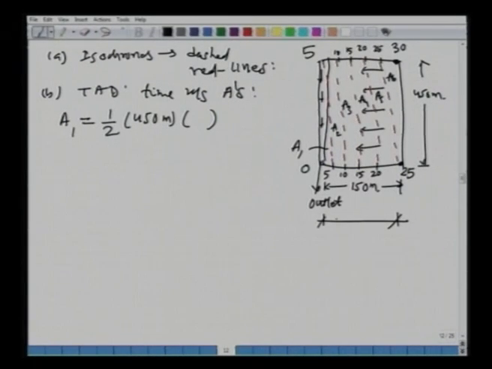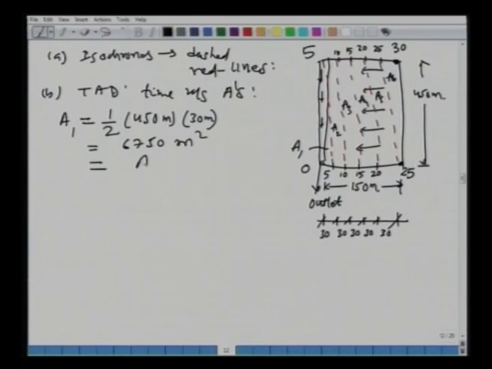You have divided it into 1, 2, 3, 4, 5 strips. Total was 150, so each strip is 30 meters. This would be equal to 6750 square meters.